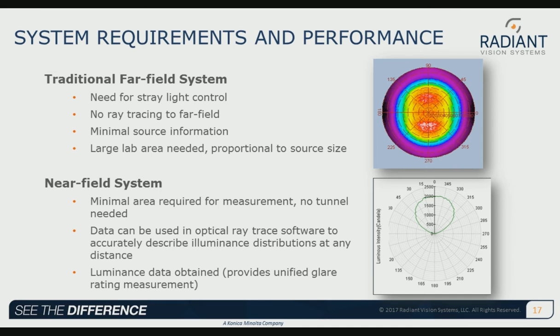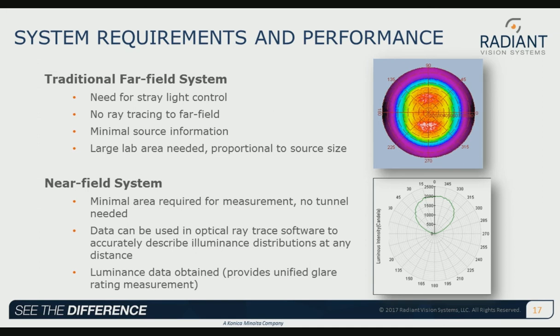You also, again, need that large lab area, which is going to be proportional to your device size. So if you're working with large luminaires, for example, the space required can get quite extensive and expensive depending on your lab space resources available.